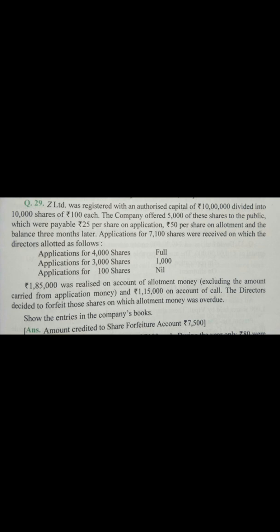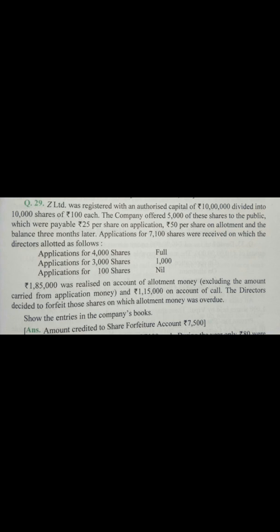Application for 7,100 shares were received. That means it's a case of oversubscription also, on which the director allotted as follows. Applications for 4,000 shares in full, and application for 3,000, 1,000 has to be allotted, and 100 shares has to be rejected.